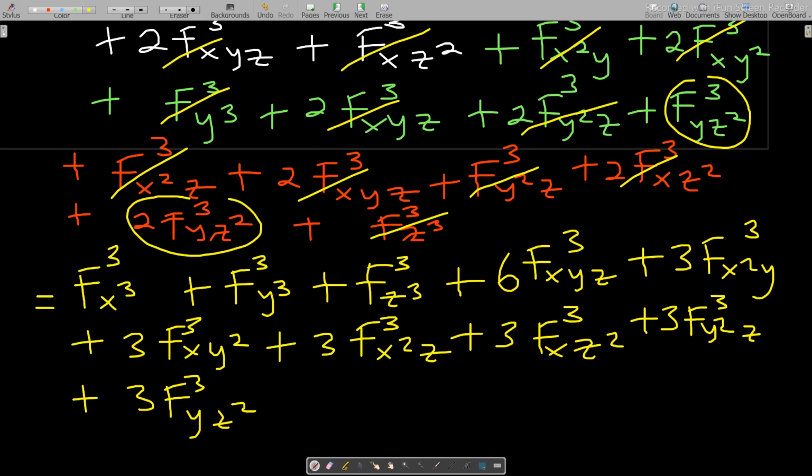Okay, so this is the expansion for our third derivative. So this is how you're going to write this. This is very tedious work. Okay, it's very tedious.